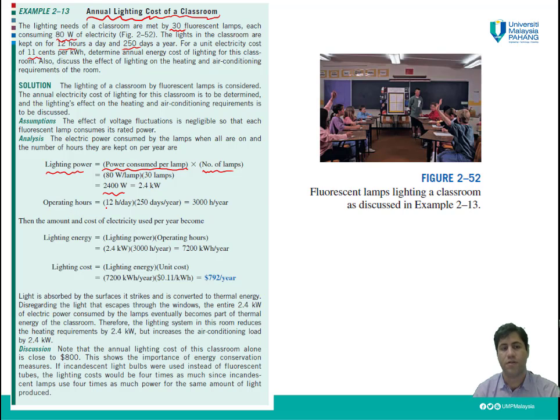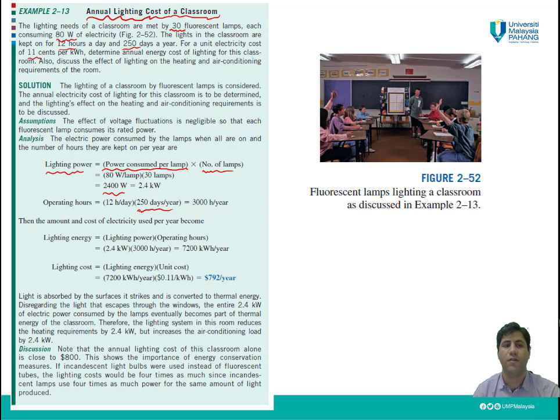The operating hours also, we have that for 250 days per year we are using this lighting. For example, in the summer, in some countries, or also here in Malaysia, some days, weekends, and also in summer, the universities and schools are closed, so we don't need the lighting source.